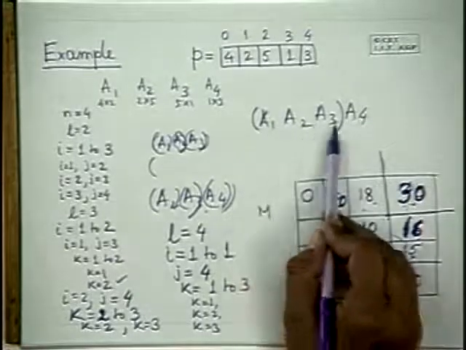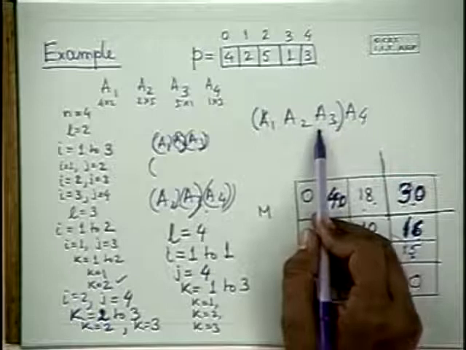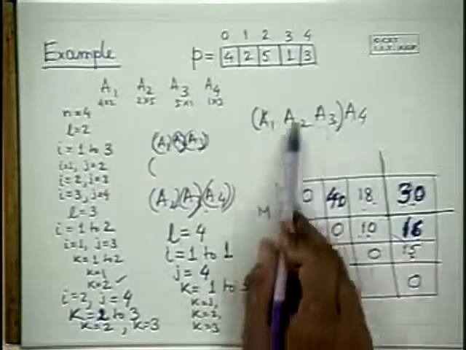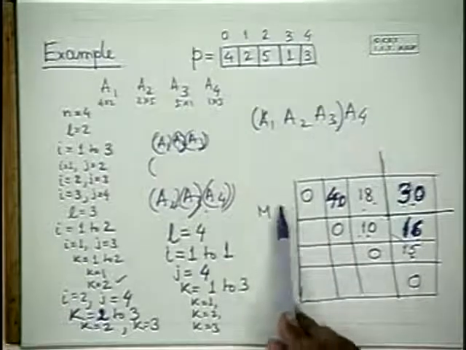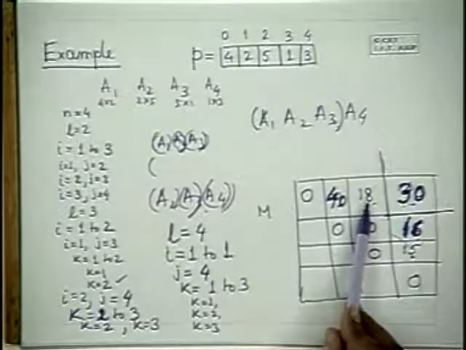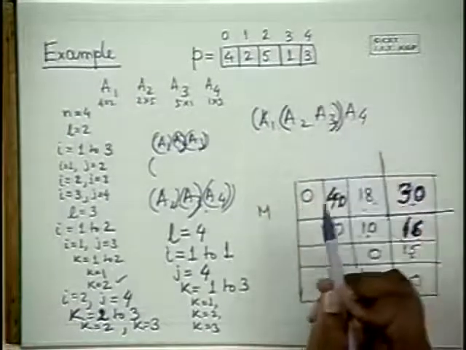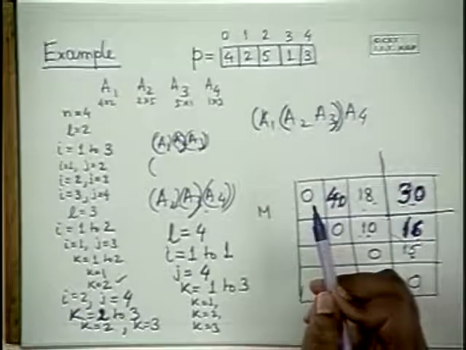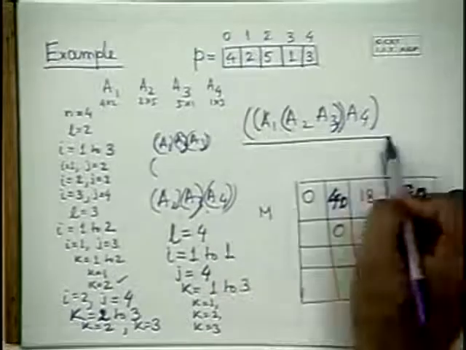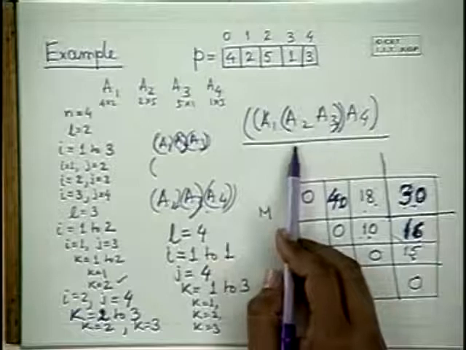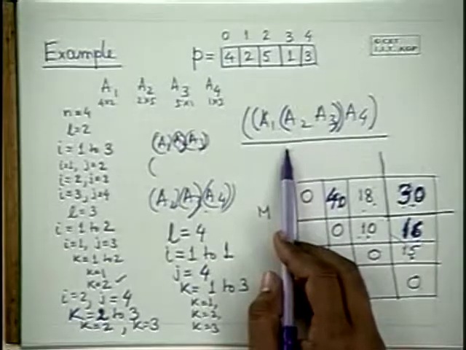Now for A1, A2, A3, which gave you the better thing? That is A13. A13 is 18. Which gave you 18 actually? It was 2, 3. So that was the parenthesization. So this is the entire parenthesization now. You know now that this is the one which gives you the minimum number of multiplication.